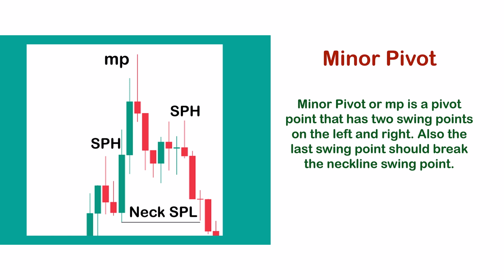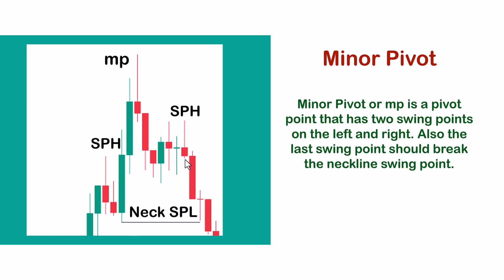Another important thing is that if you want to make strategies based on this concept, you should keep in mind that it is better to drop an imbalance on the way down. I mean, when it's going down to break this neckline, or after the break of this neckline, it should have a valid imbalance.